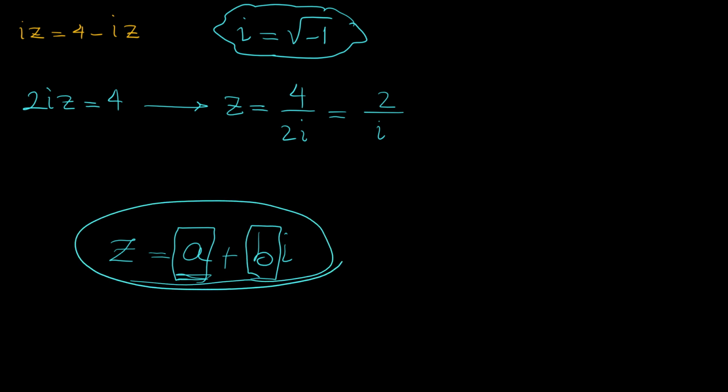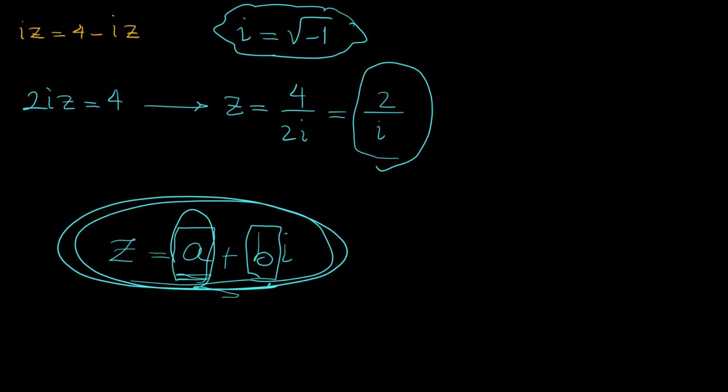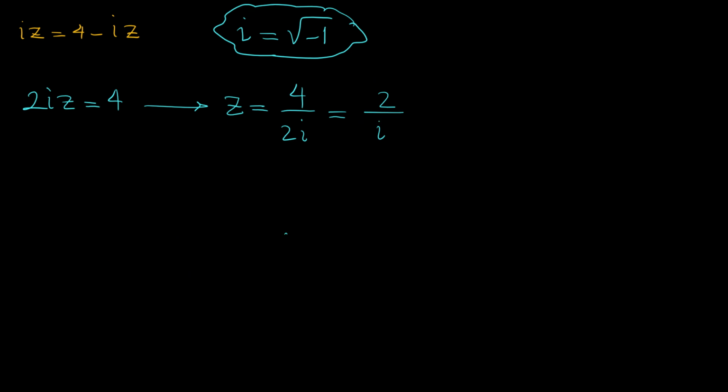Always our answer should be in this form. But is our answer here in the form of a + bi? The real part of this answer is 0 because we don't have any real part. But the i should not be in the denominator. So we have to fix this problem here. So this is not our final answer for this equation.